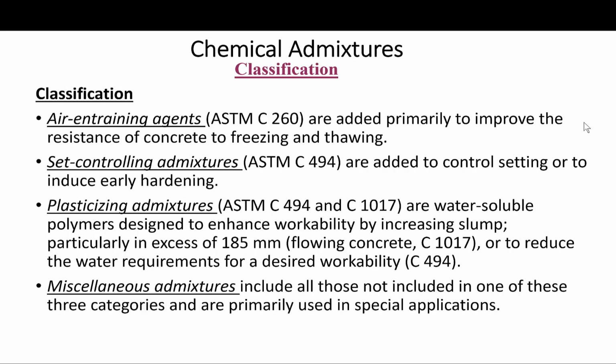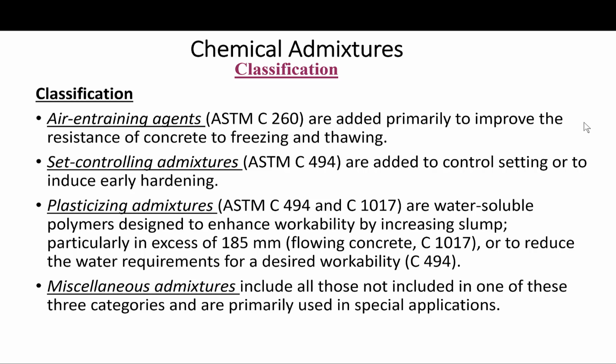So let's look at the classifications of the admixtures we are dealing with. As I mentioned, there are basically a bewildering number of products marketed as admixtures for concrete, many of them based on proprietary formulations and commercial brand names. However, most can be assigned to one of three broad categories of admixtures.